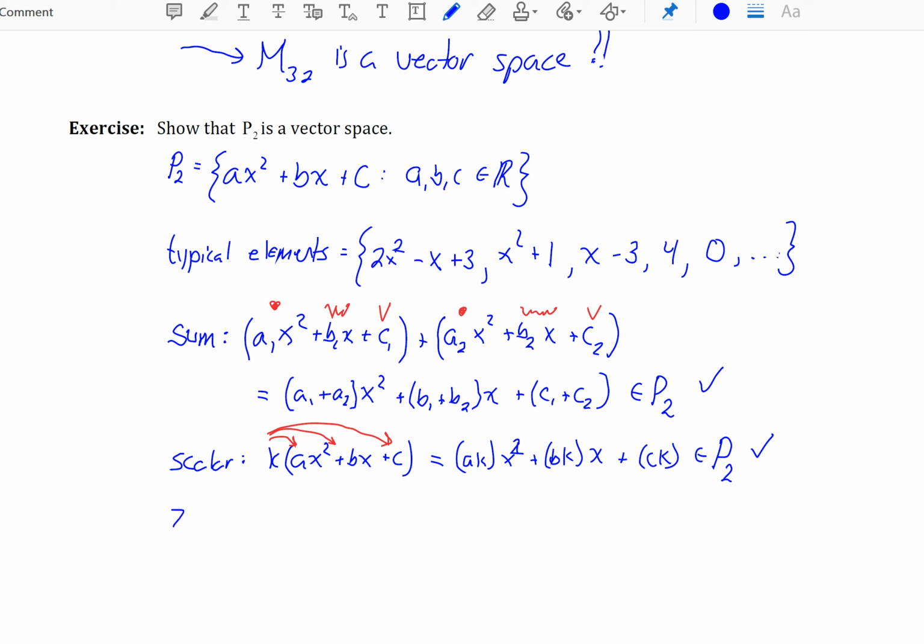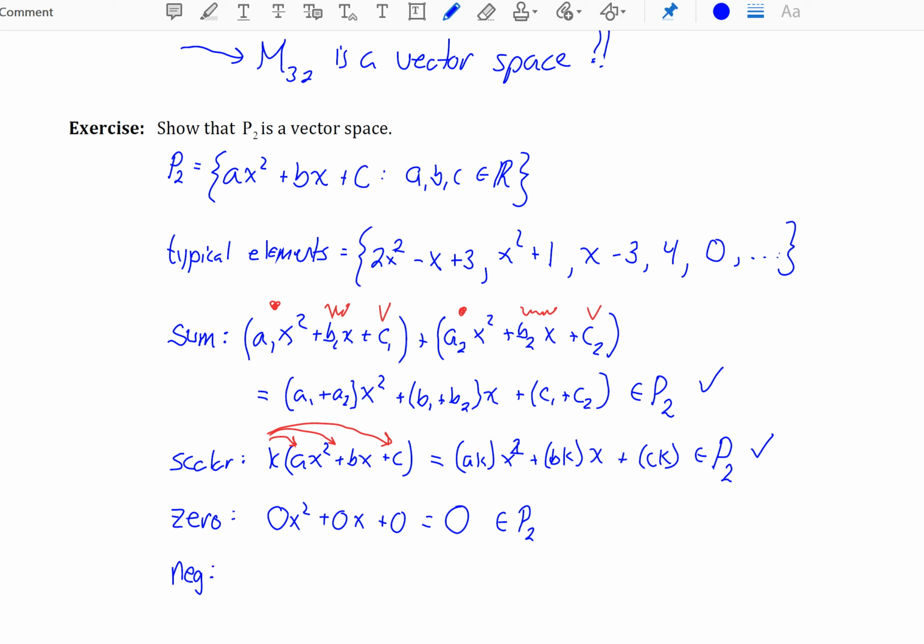But again, I like showing others, like, is there a zero vector? And the zero vector would look like 0x squared plus 0x plus 0. This is your zero polynomial. This is an element of P2. Is there a negative vector?